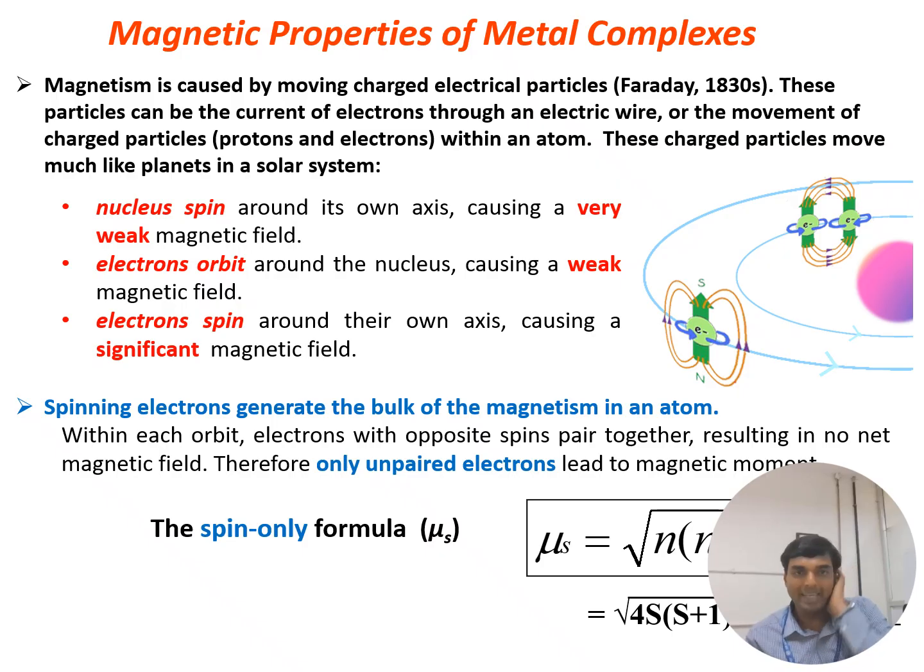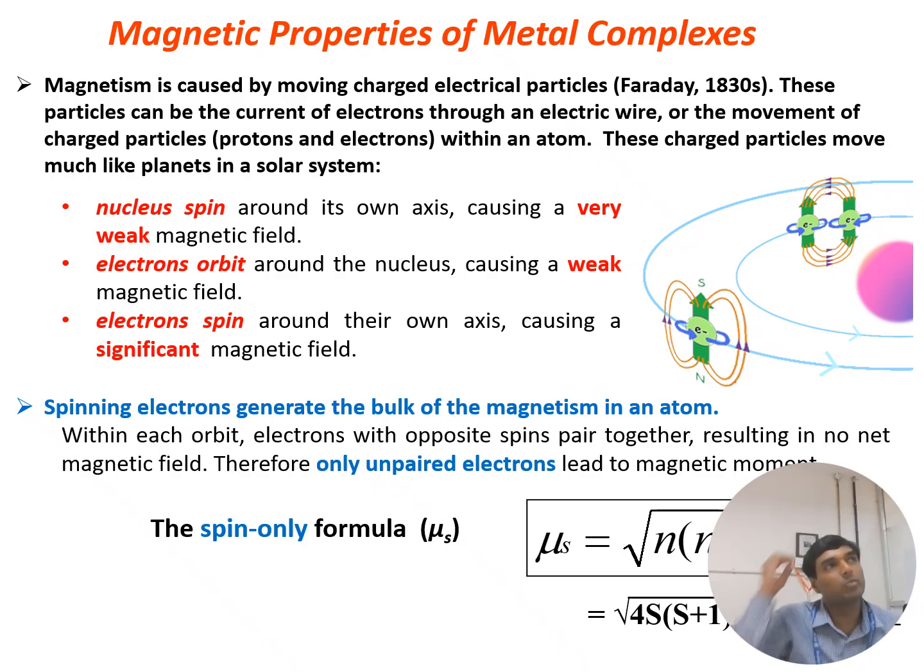Now, magnetic properties. Basically how a complex can attract magnets, or iron metals, and how they can be separated.